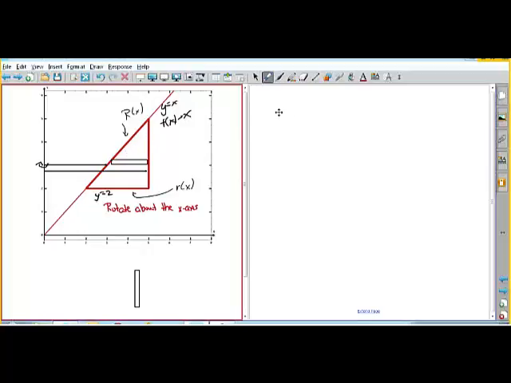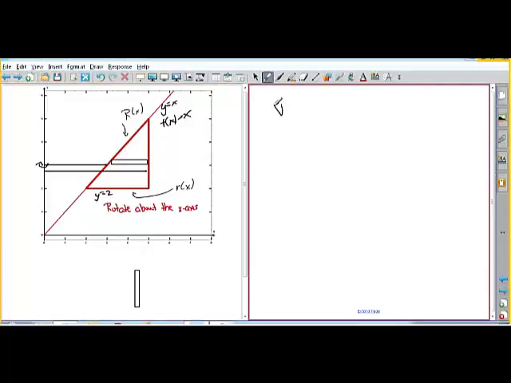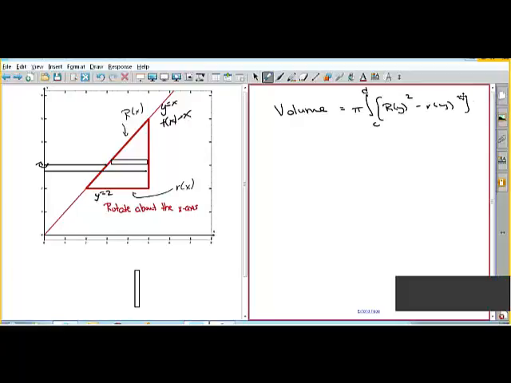Just like before, if you're integrating with respect to y, the volume using the washer method is pi times the integral from c to d of capital R of y squared minus small r of y squared, the whole thing times dy.